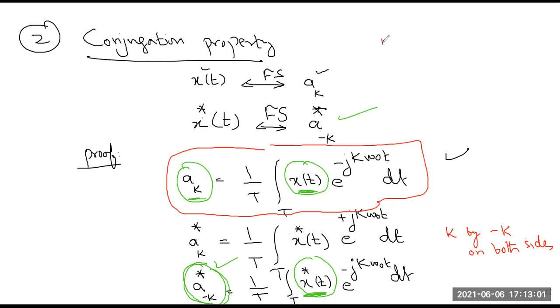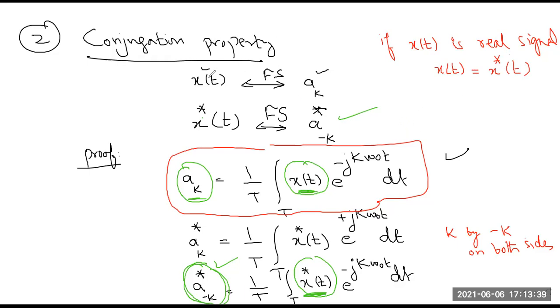Now I will say if x of t is real, then we know that x of t must be equal to x conjugate t. From complex number mathematics, you know that if a given number is real, then even if you take its conjugate, there will be no difference between the actual signal and its conjugate. So x of t must be equal to x conjugate t.